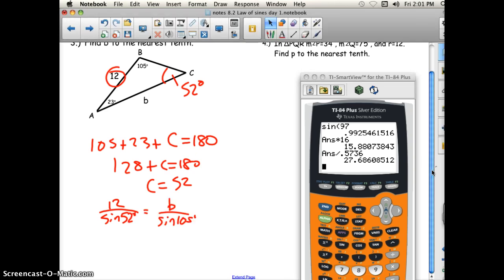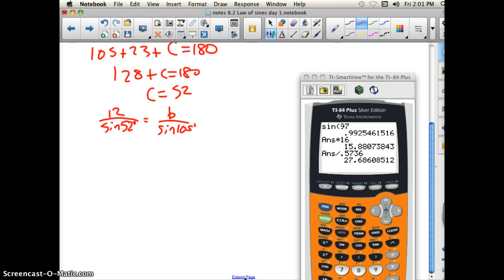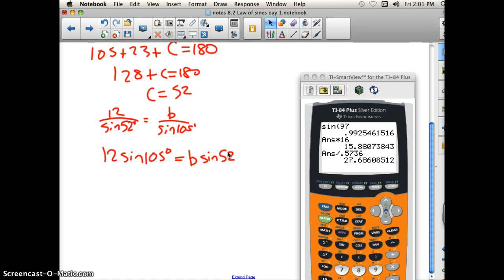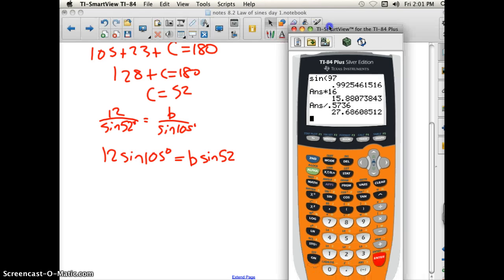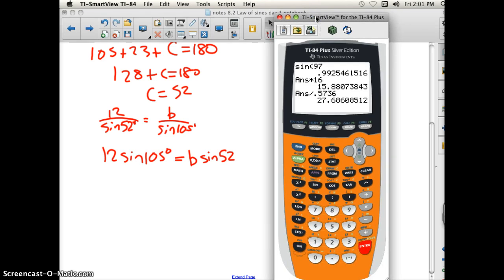It's going to be 12 sine 105 equals b sine 52. And again, if I'm going to evaluate sine of 105 and sine 52, I want to keep that accurate to 4 decimal places.